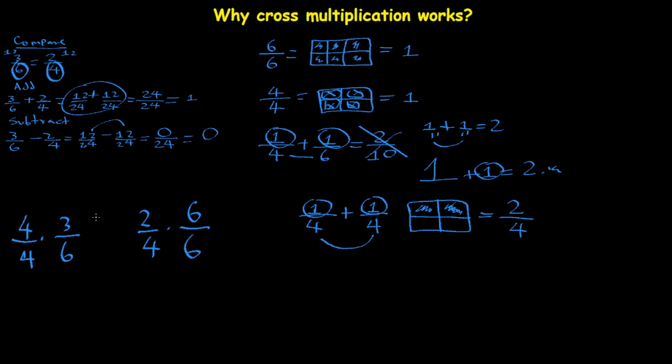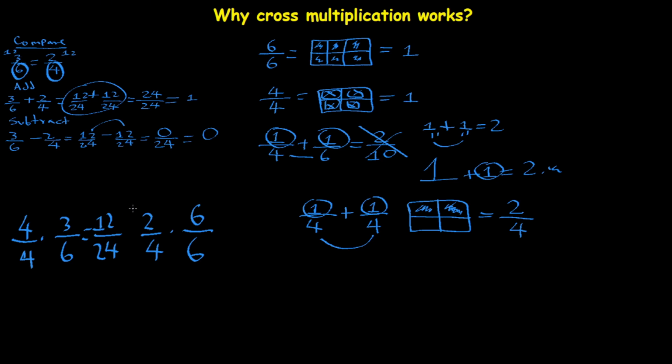So here this would give us 4 times 3. Let's type this here. It will give us 12 over 6 times 4, which is going to be 24. Let's move this a little bit to the left.